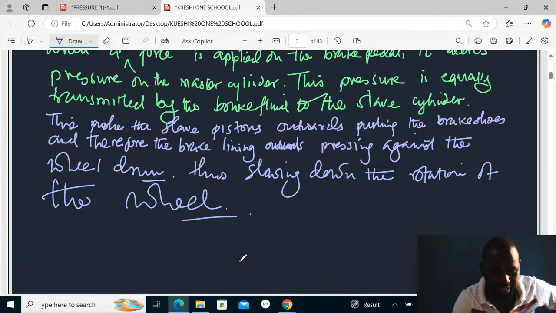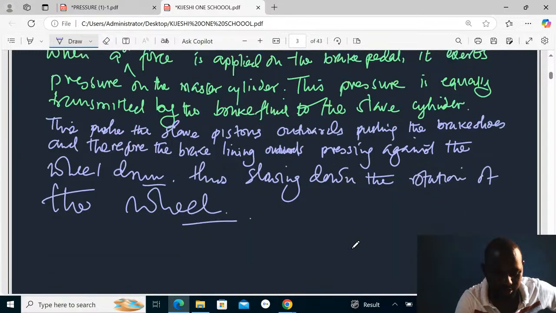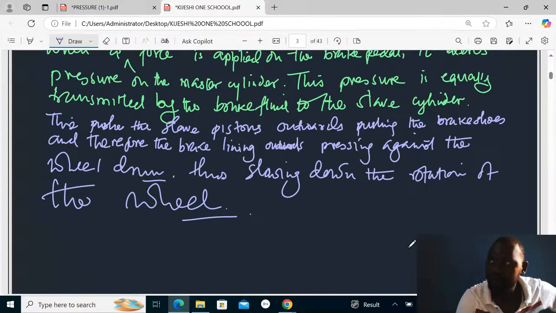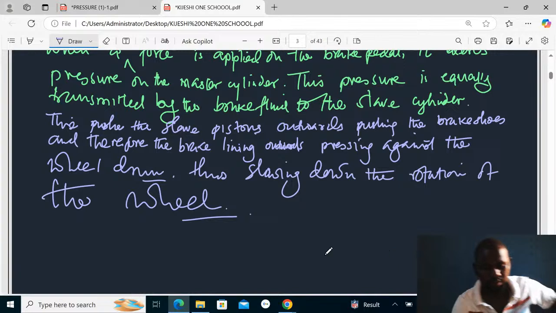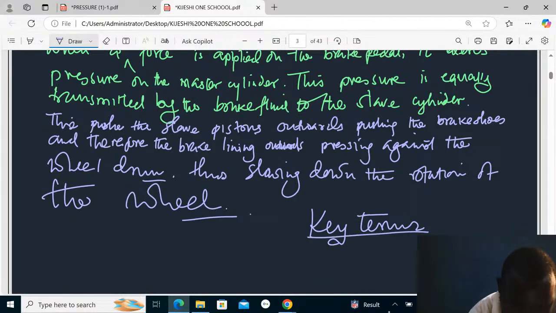That is how it is like. Those are 4 marks. And remember, there are some key words that must be mentioned in this one. One, they must talk of pressure that is equally transmitted.